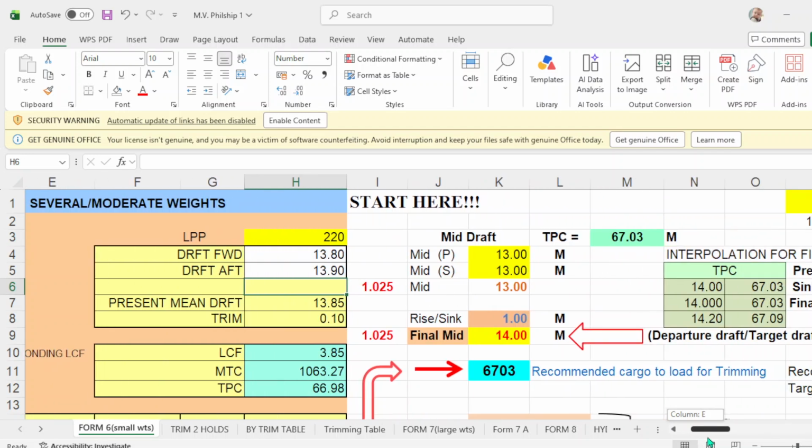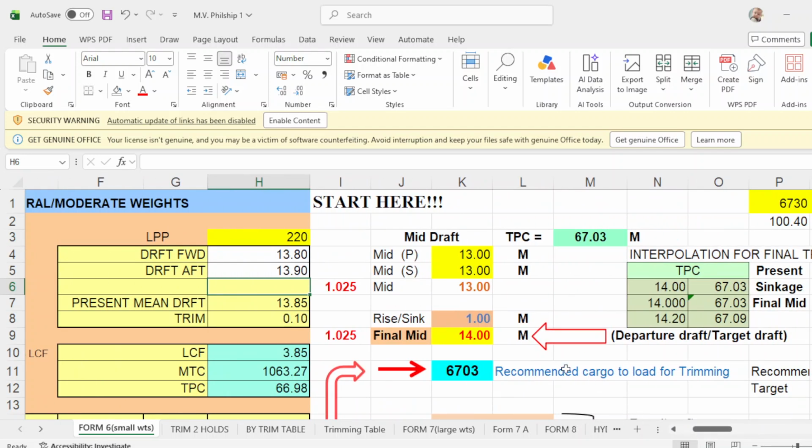Now, since your present mean draft is 13.85, with your actual reading, the chief officer and the draft surveyor will make a draft reading around the vessel to compute the cargo remaining on board to meet the departure draft.